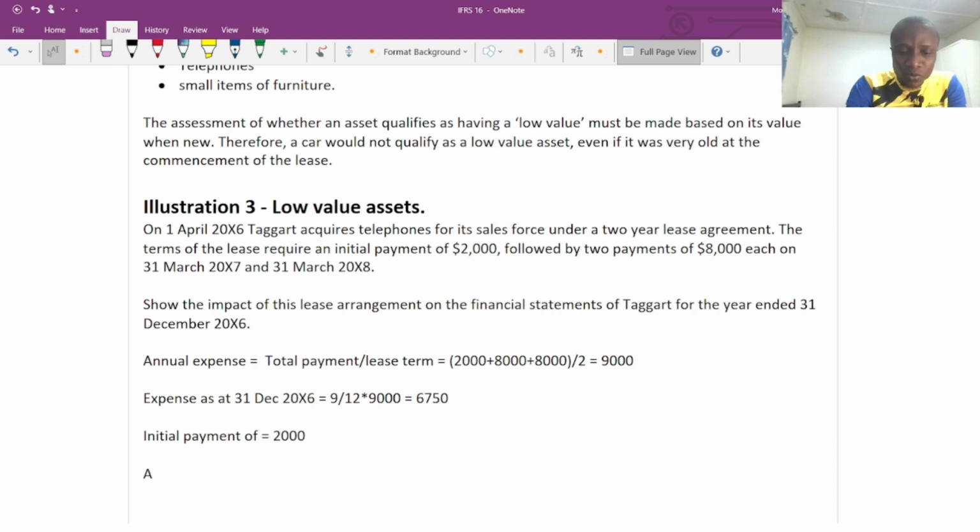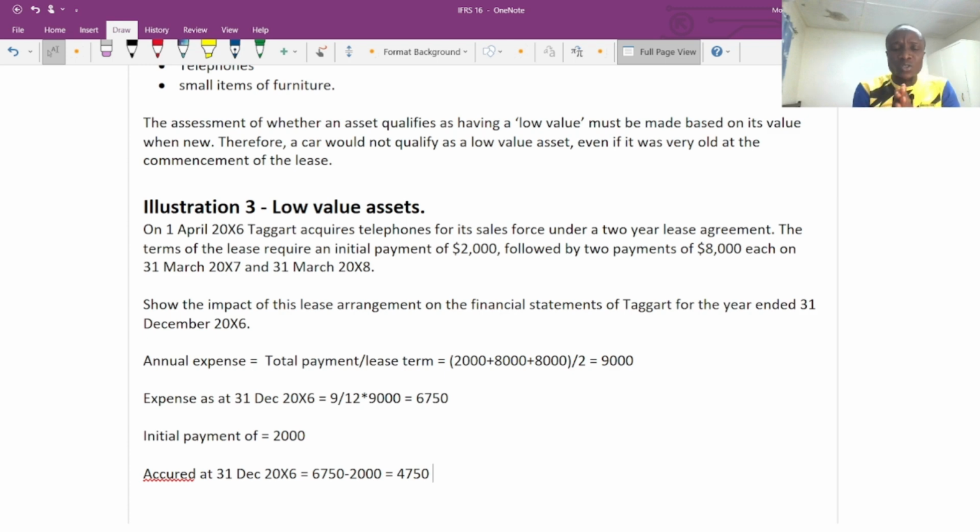So now we need to accrue at 31st December 20x6, which equals 6,750 minus 2,000. So we are going to accrue for 4,750.